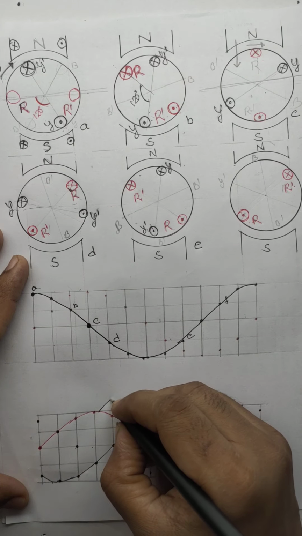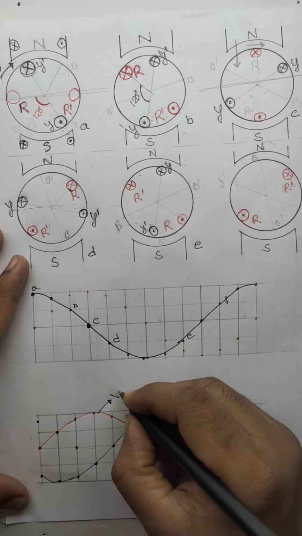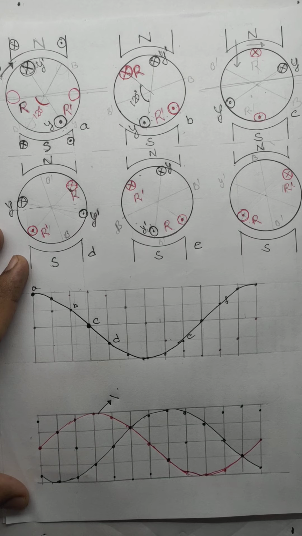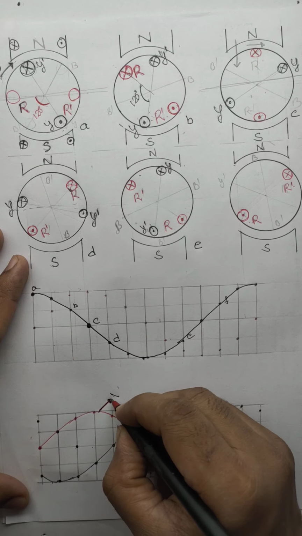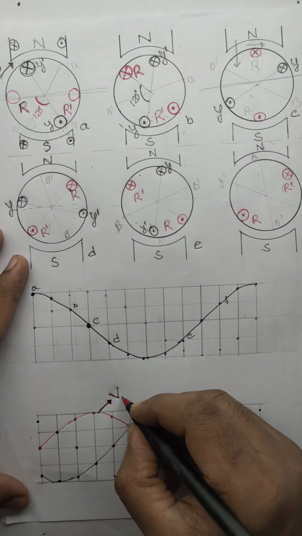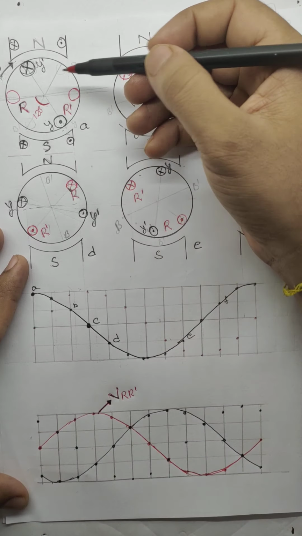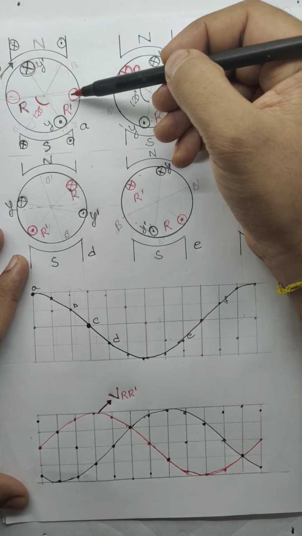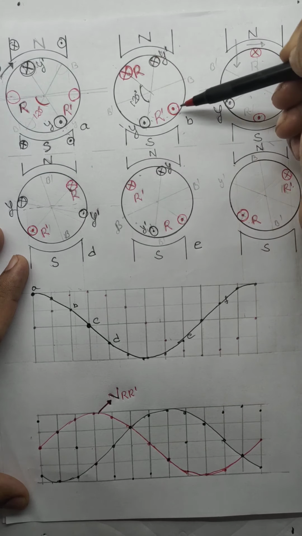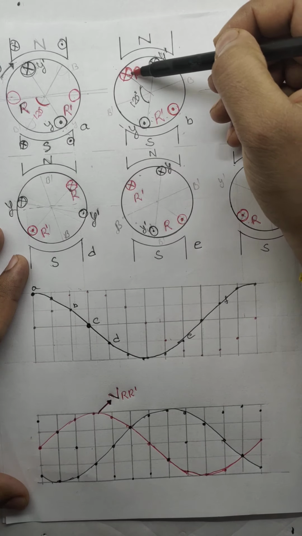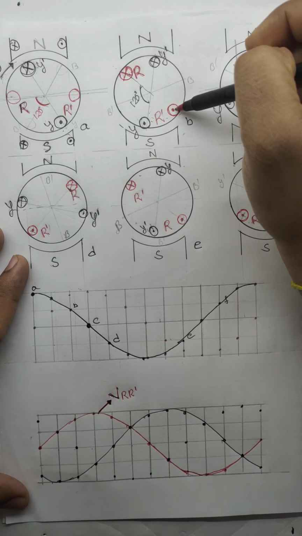So this is the voltage between R and R dash. That is the voltage measured between this end of the coil and this end of the coil. This I am taking as positive and this I am taking as negative.